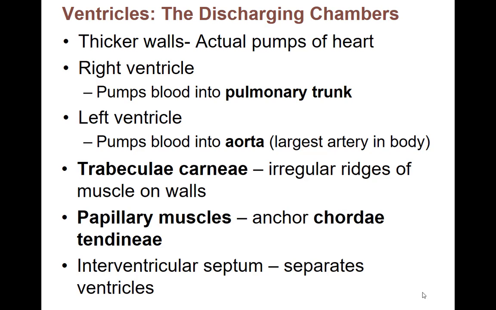Now, do you remember from lab which ventricle has a thicker wall? The left does. The left ventricle has a thicker wall. It pumps blood into the aorta. And where in your body is blood in the aorta going to?